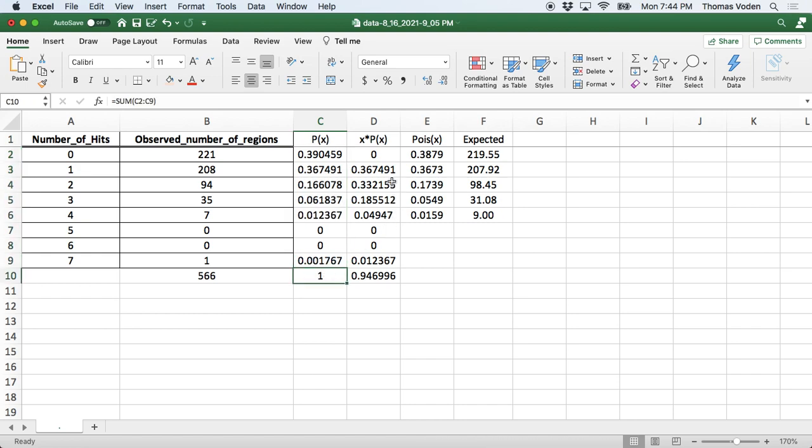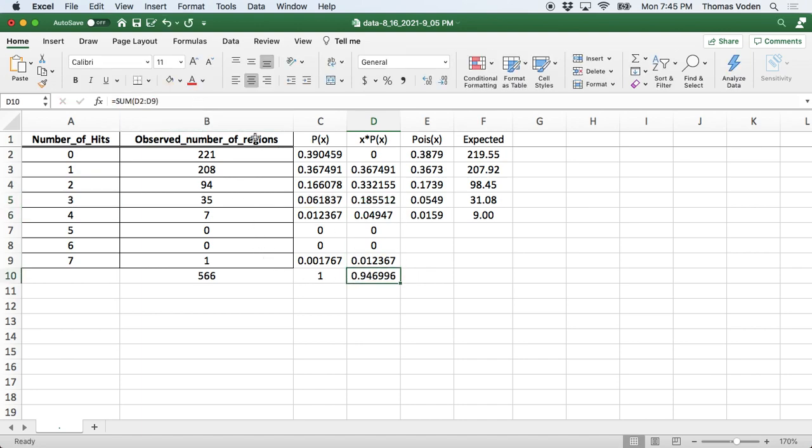So now in column D, I'm just going to do, and I'll show you how I actually do this, x value times the probability of that value. And the nice thing about Excel is what you can do is drag that down, and the formula repeats the way it should.